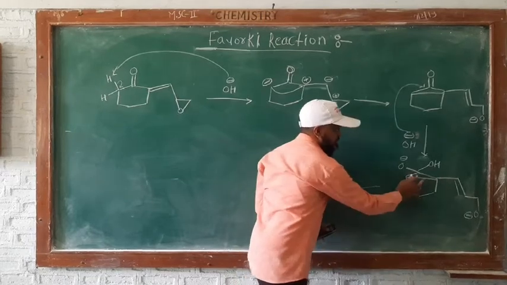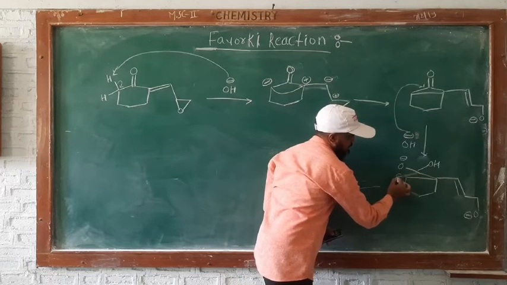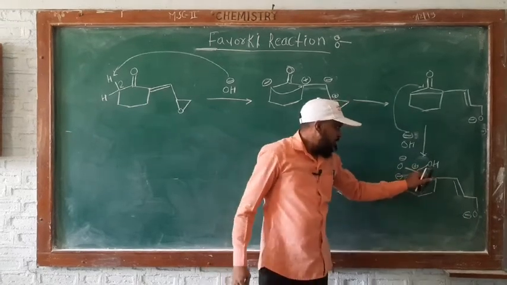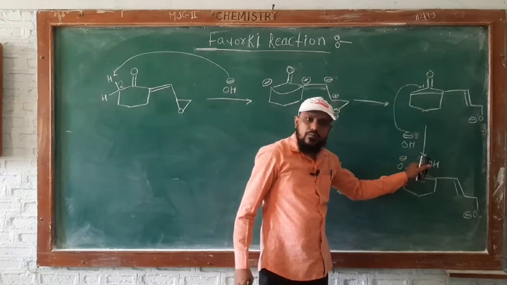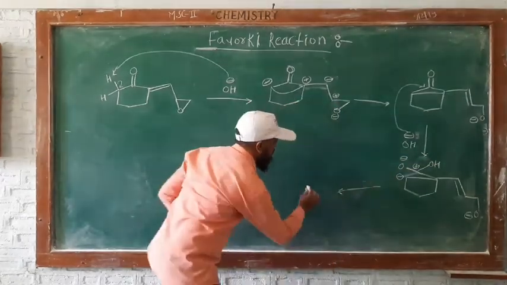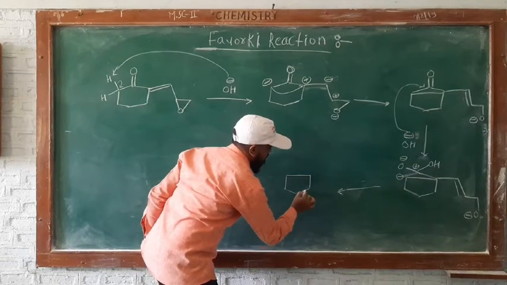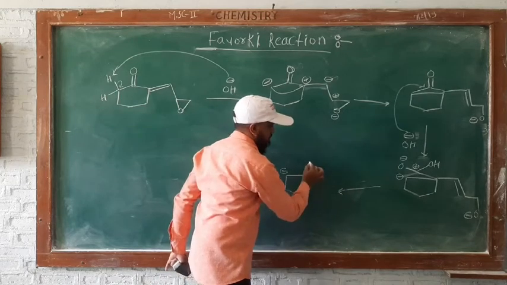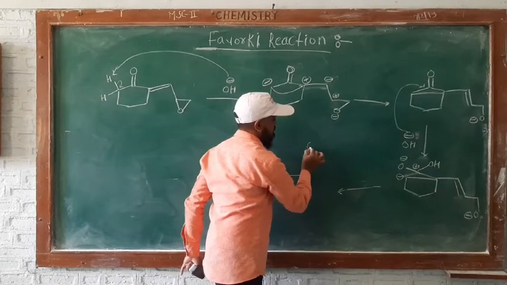So we will break this bond. After the breaking of this bond this carbon generates a negative charge, this carbon generates a positive charge. Here the positive charge carbon and negative charge oxygen generate a pi bond and we will get this type of 5-member intermediate product.